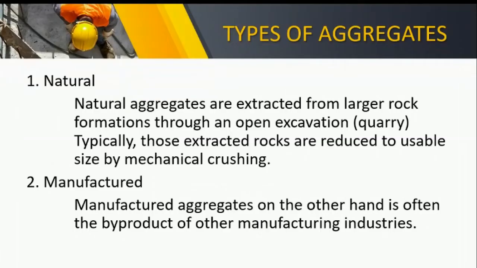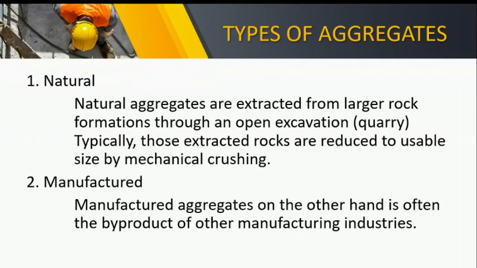Types of aggregates. So there are two types of aggregates, mainly natural and manufactured. Natural aggregates are extracted from larger rock formations through an open excavation or quarry. Typically, those extracted rocks are reduced to usable size by mechanical crushing.